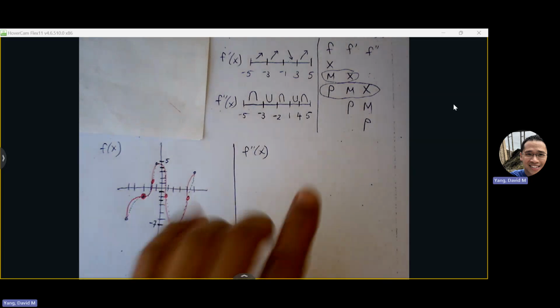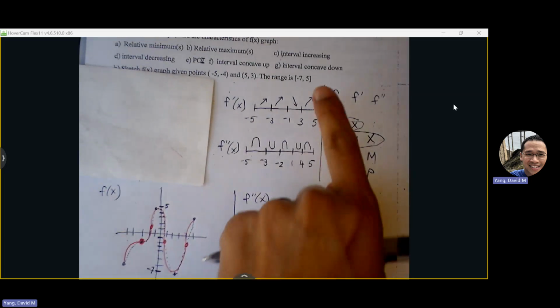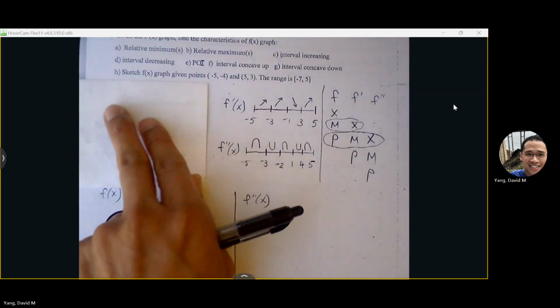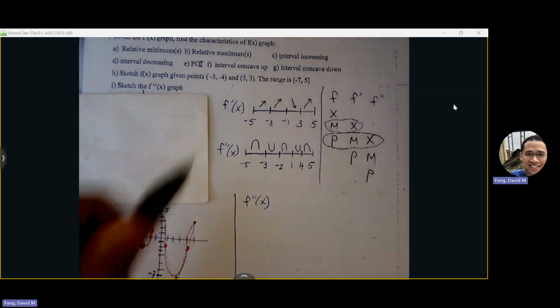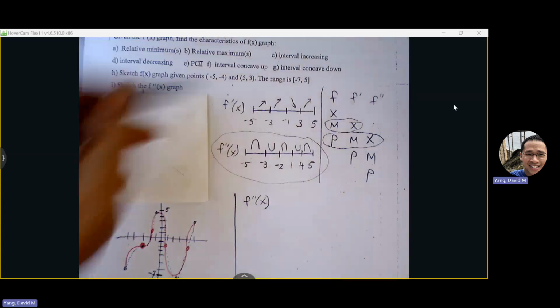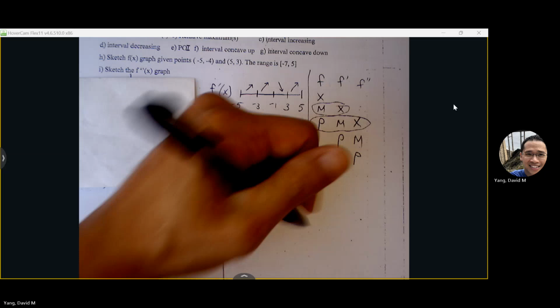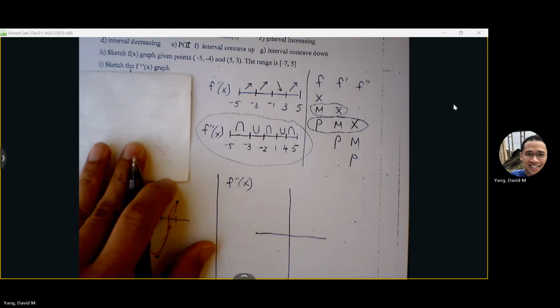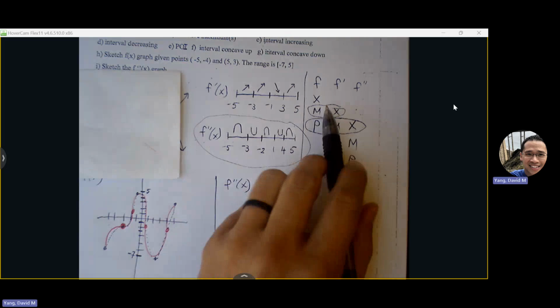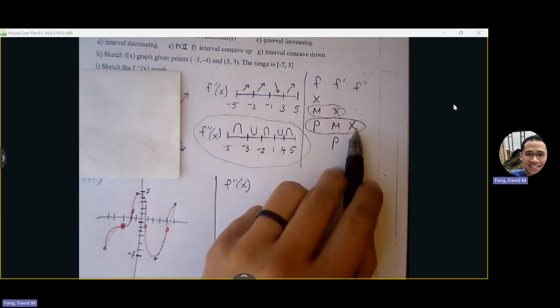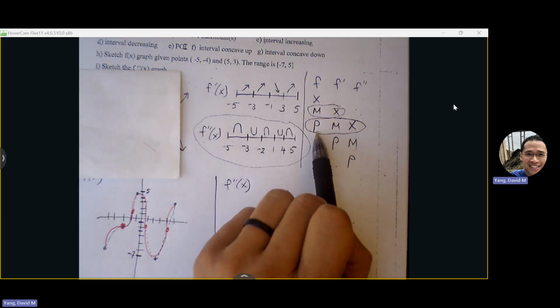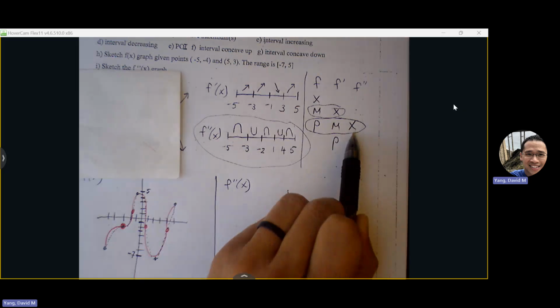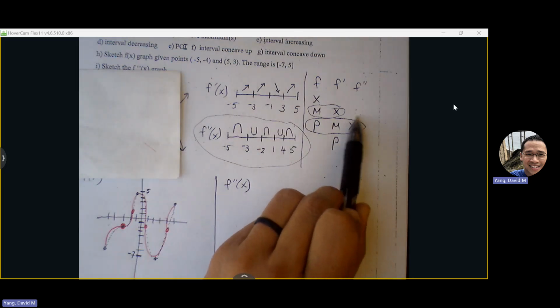Okay, one more thing is let's sketch our f double prime graph. The f double prime graph is purely based off of your f double prime sign line. And looking at your chart, you know that your points of inflection are going to land on the x-intercepts, or show up as x-intercepts.